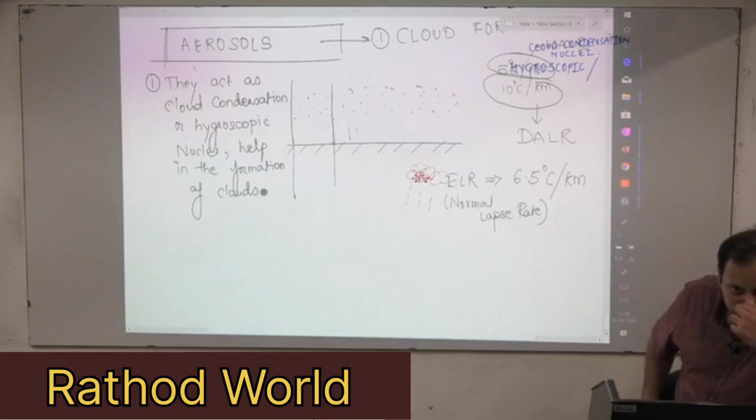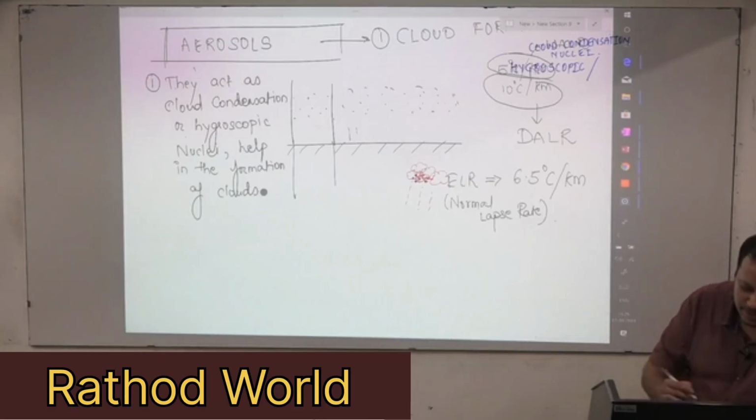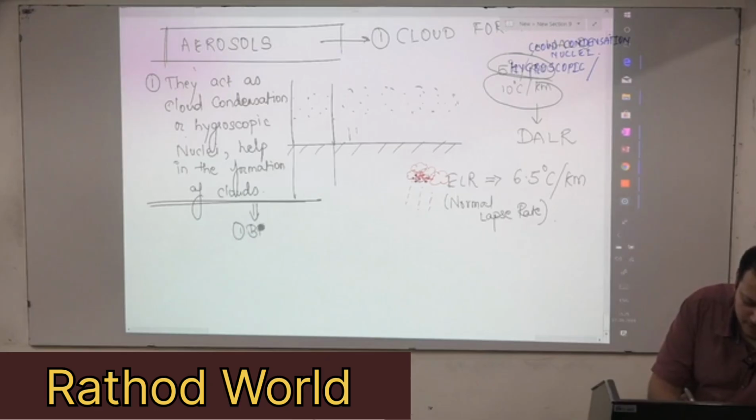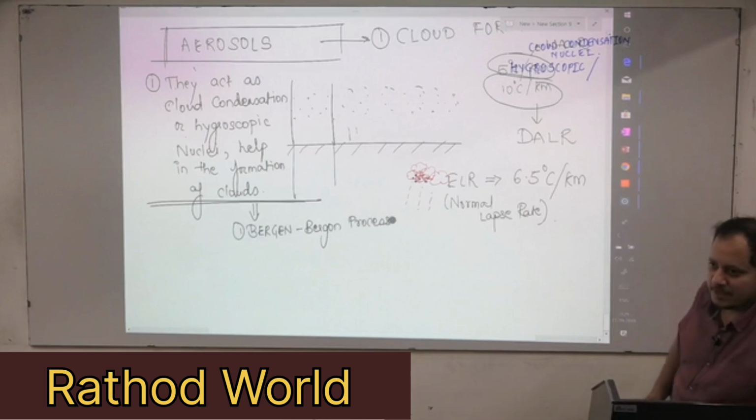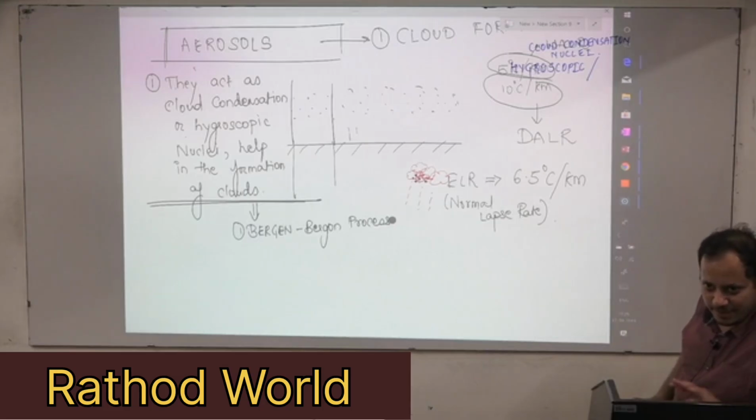अब कैसे clouds बनेंगे? Understood this process? That depends upon where you are. If you are in the temperate regions, that is formed by the Bergeron process. मतलब एक थियरी है, थियरी ऑफ क्लाउड फॉर्मेशन. फाइन.